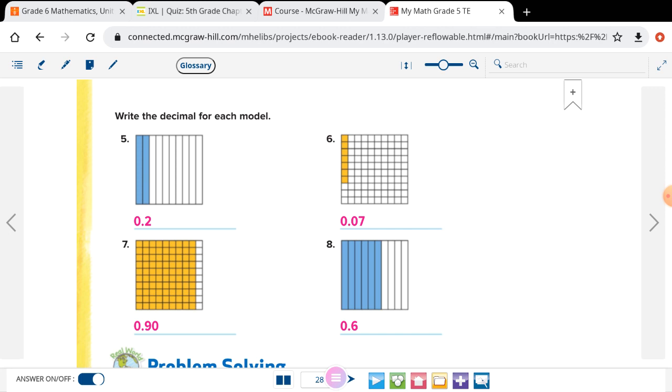Raise your hand if you missed number 6. Anybody? Okay, why do you think I would think some people would miss number 6 if they missed any? Aubrey? Because usually you just do 0.7. Yeah, because we need it to be to the hundredths place, which is how many decimal places?